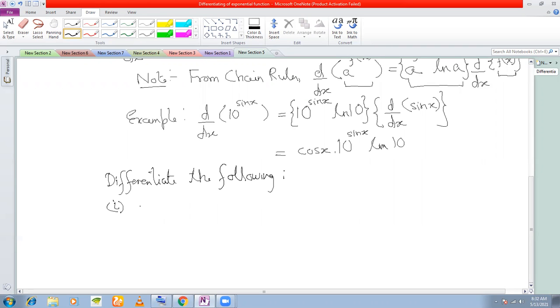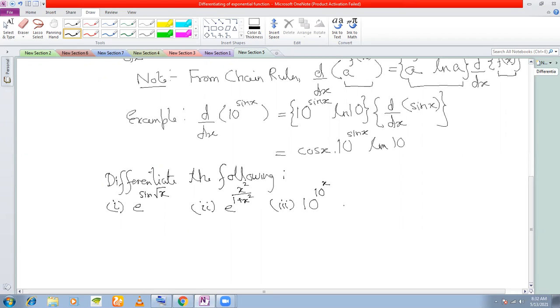First is e to the power of sine root x. Next one is e to the power of x square by 1 plus x square. Third one is 10 to the power of 10 to the power of x.